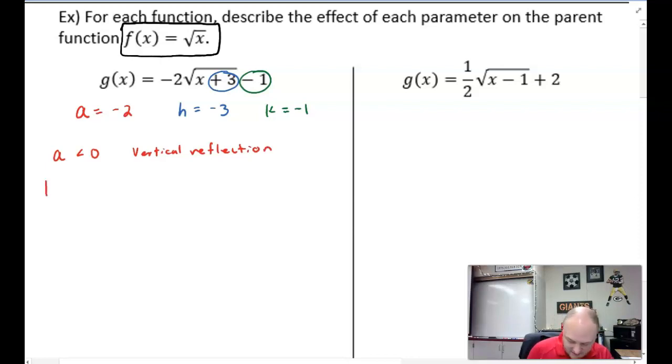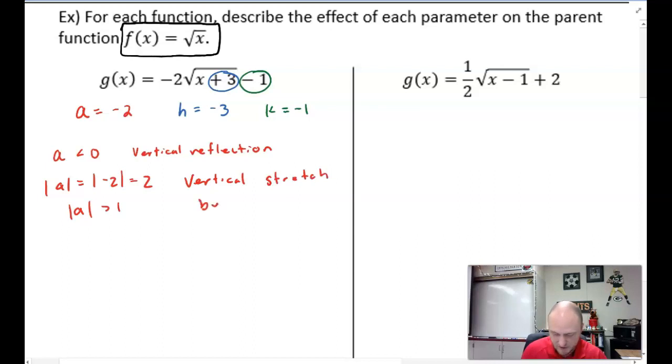The absolute value of a here is 2. Since the absolute value of a is greater than 1, this is going to be a vertical stretch by a factor of 2.